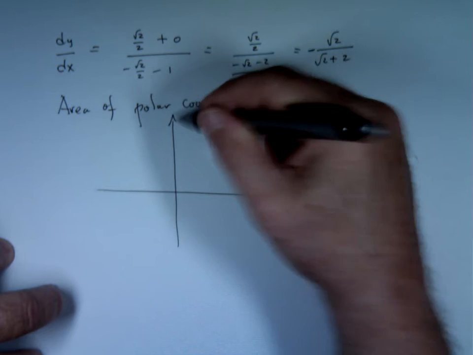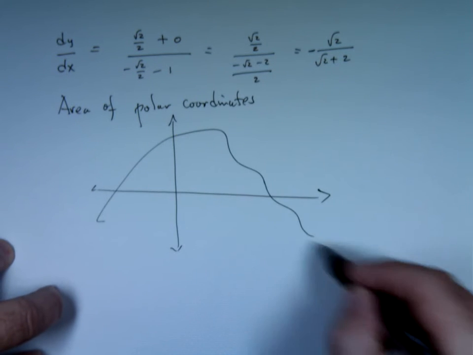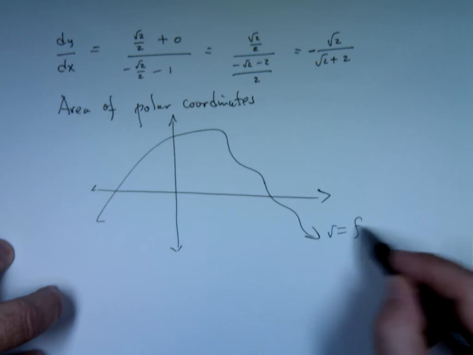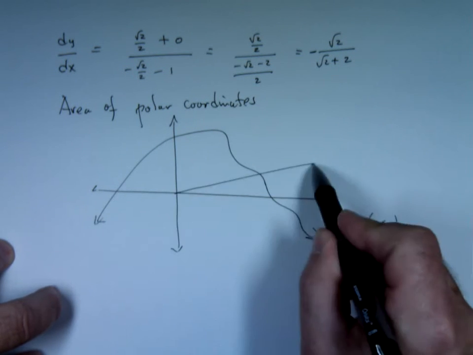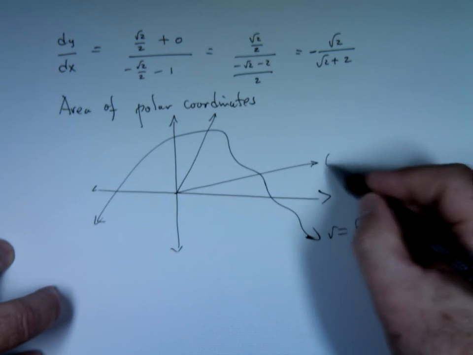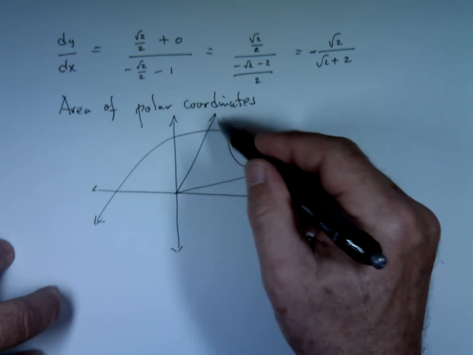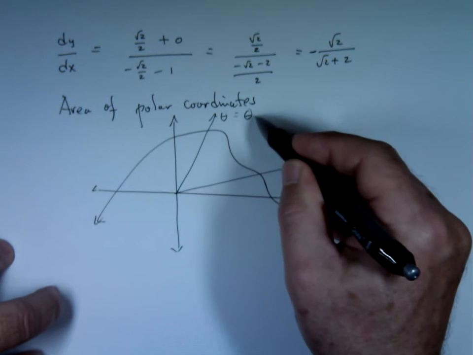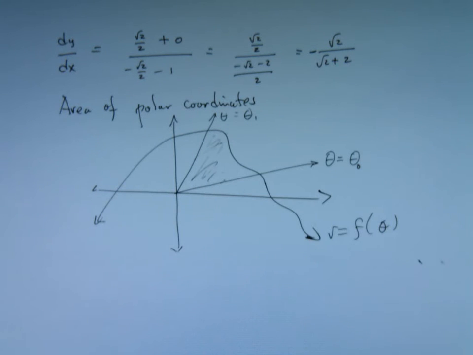We're going to derive a formula that is in polar coordinates. Let's say r is a function of theta. And what we want to do is find the area bounded by, let's say, theta equals theta sub naught to theta equals theta sub 1. We want this area here.